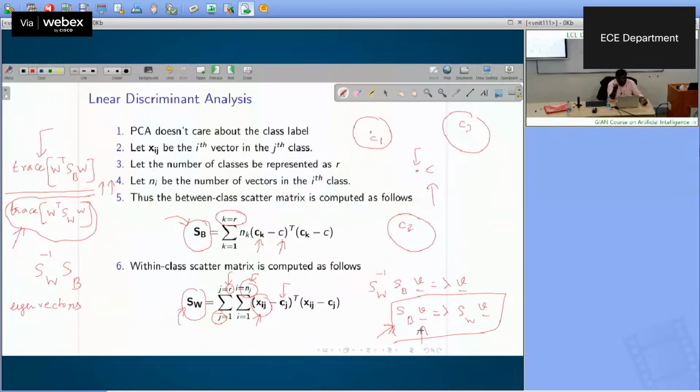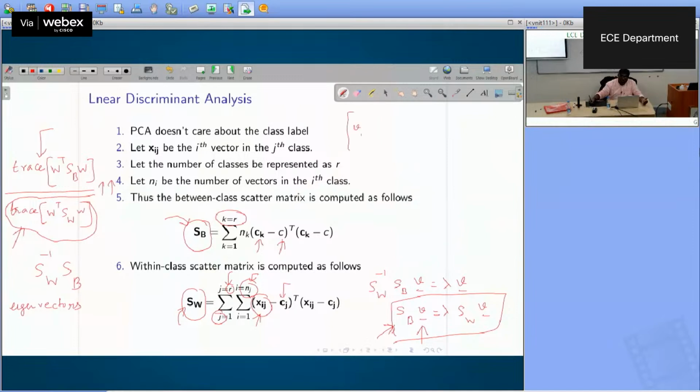and you have to find out this SW inverse SB, and find its eigenvalues, arrange them in decreasing order, select the significant eigenvalues, and then the corresponding eigenvectors. Those eigenvectors, you arrange them to get a transformation matrix. Is it clear?